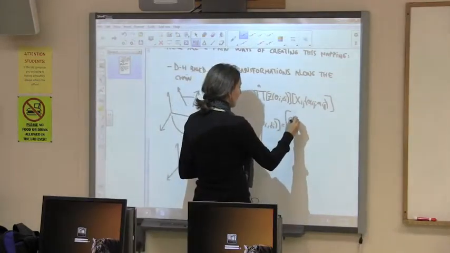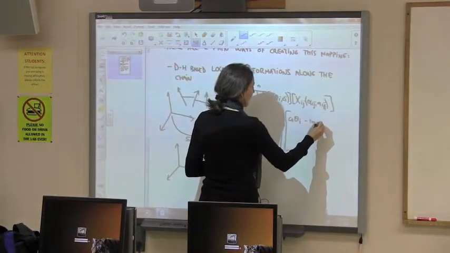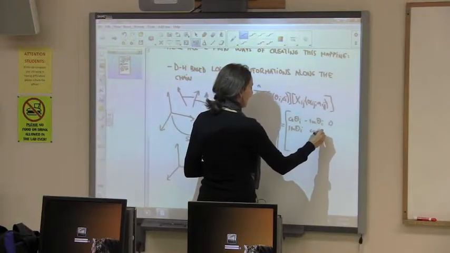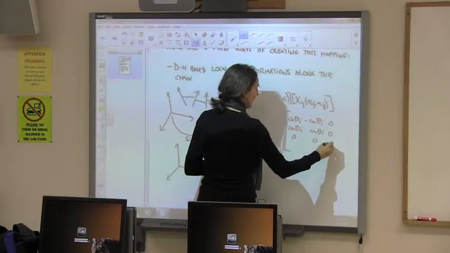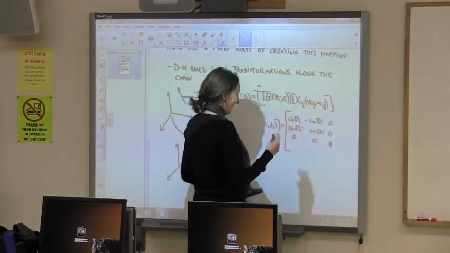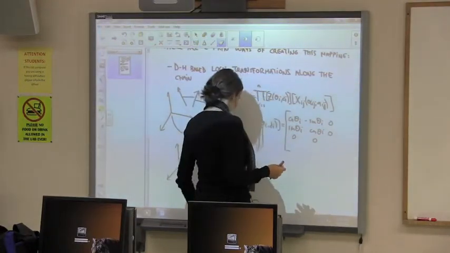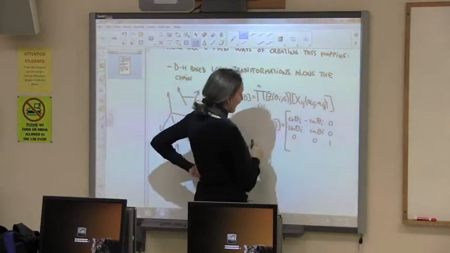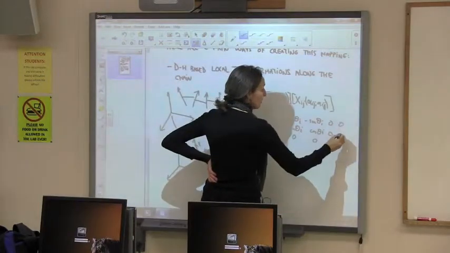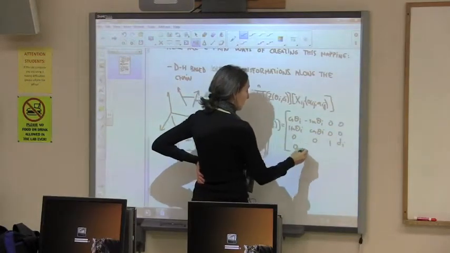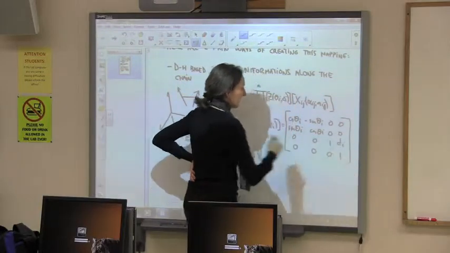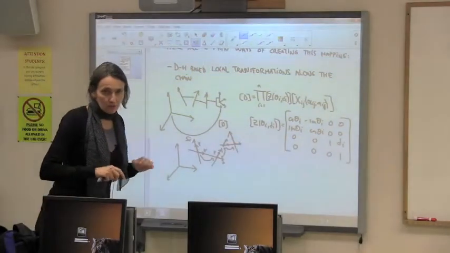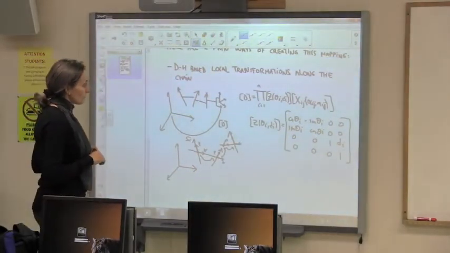Cosine theta i, minus sine theta i, 0, sine theta, we all know this already. 0, 0, 0, 1, and then you have a displacement d_i along the z direction. So when you multiply these matrices, you get a lot of products of cosines, sines, and so on in your equations.